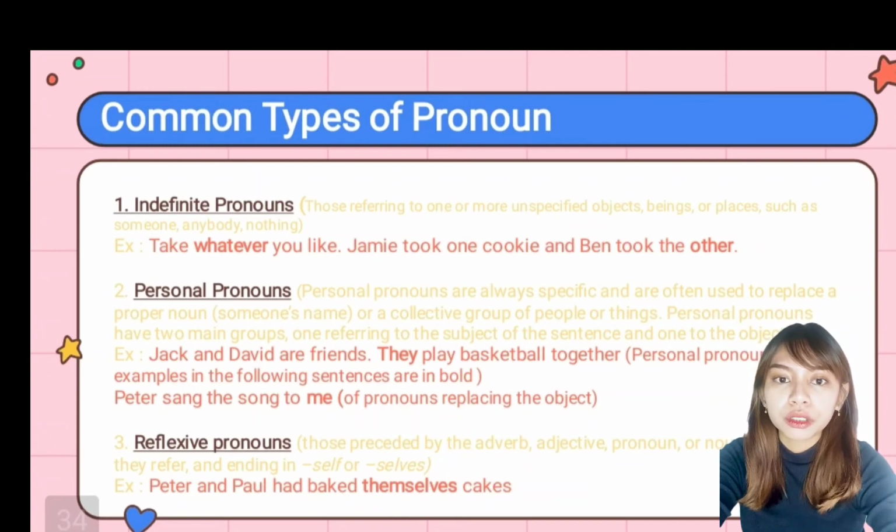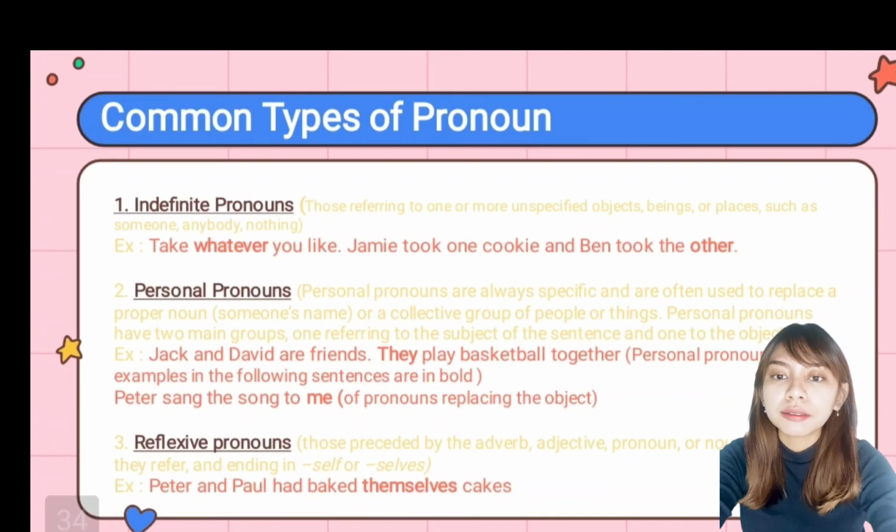So the personal pronoun here is they. They means Jack and David. The next example is: Peter sang the song to me. So the pronoun replacing the object is me. So me is the object.